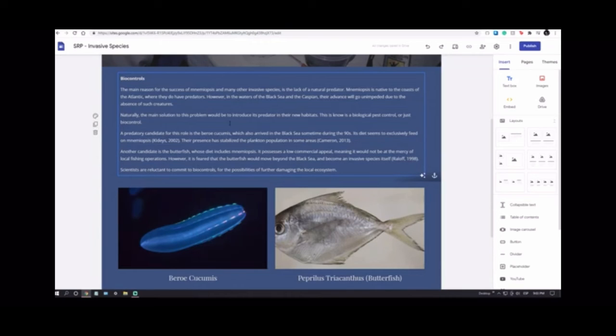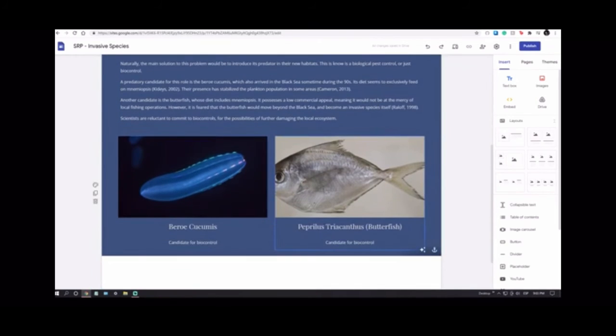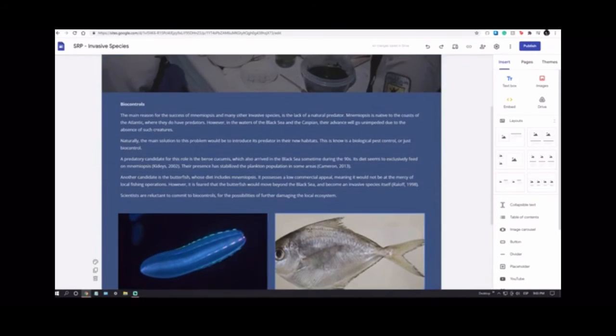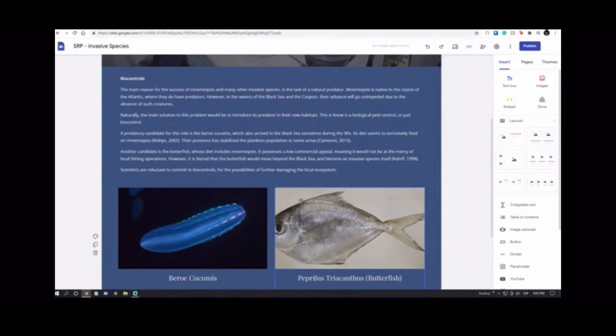A candidate for this is Beroe cucumis, which is also a comb jelly, and they've also arrived in the Black Sea during the 1990s. They also seem to exclusively feed on Mnemiopsis, and their presence has managed to stabilize plankton populations in some areas with Mnemiopsis. And another candidate is the butterfish, whose diet includes Mnemiopsis.